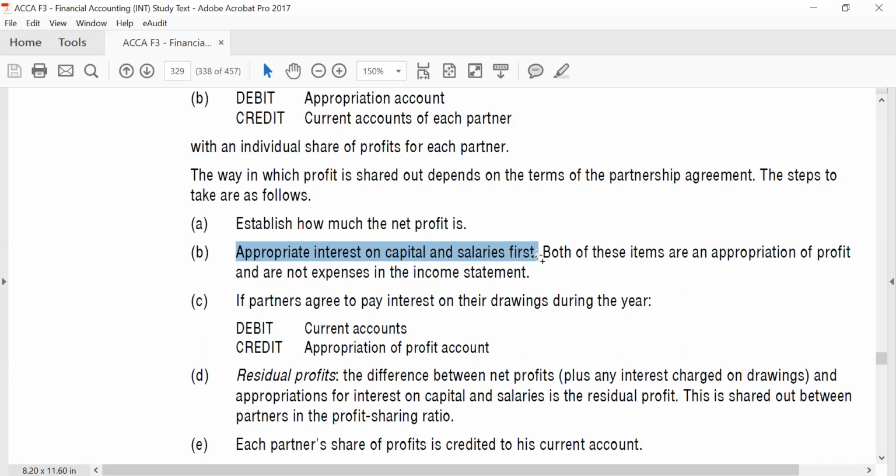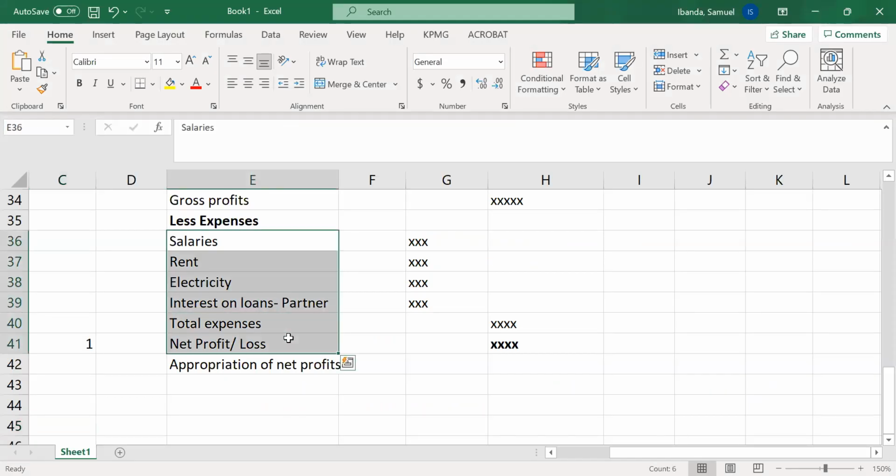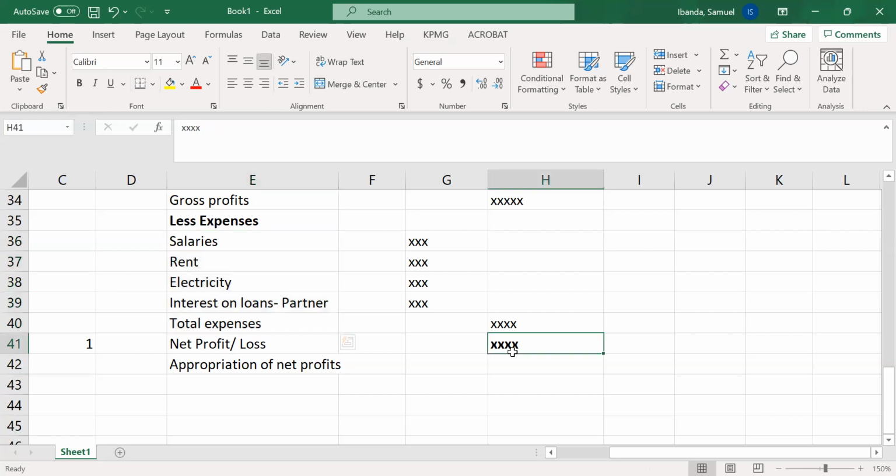So what we are being told here is that these should never be included as part of your expenses. So you should never put a partner salary under your expenses, or you should never put interest on capital under expenses, but rather first find your profit there and now come to the appropriation.